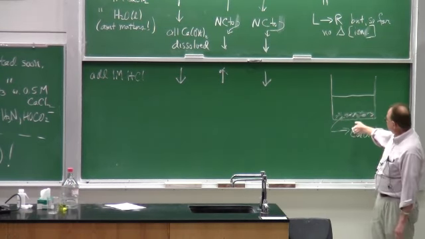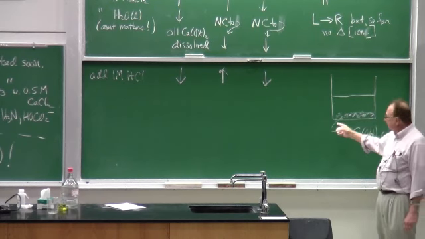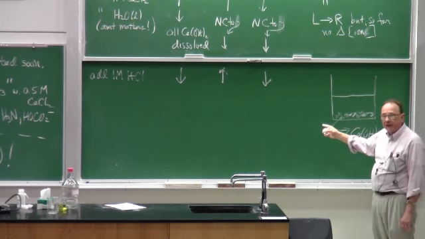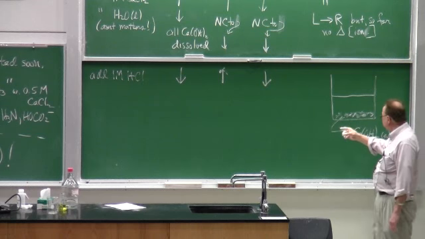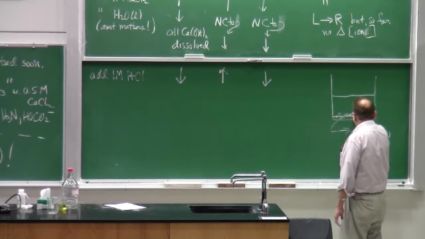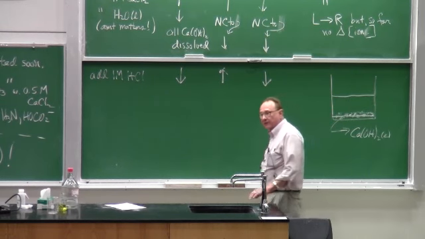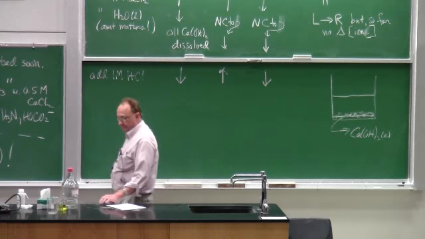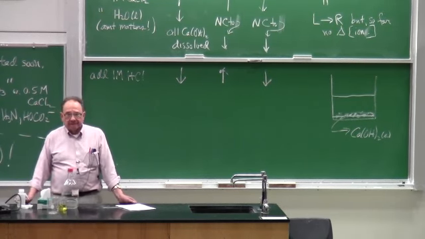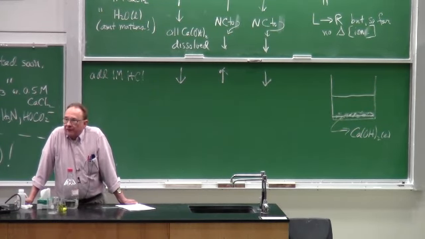Now let's imagine that I have added enough hydrochloric acid solution to dissolve half the original calcium hydroxide. So far, what reaction or reactions have occurred? Well, we really have talked about them, haven't we? Hydronium ion plus hydroxide ion and hydronium ion plus calcium hydroxide.